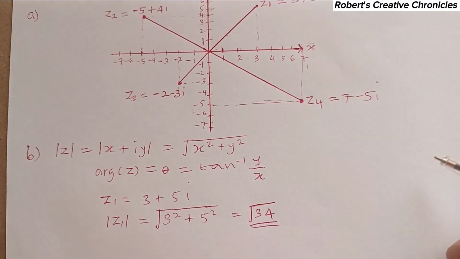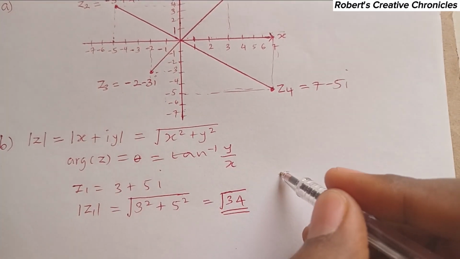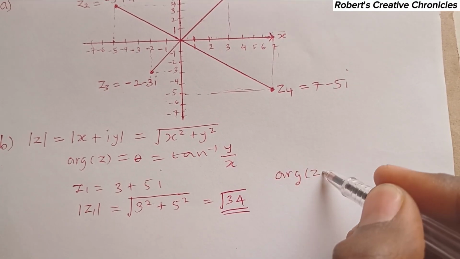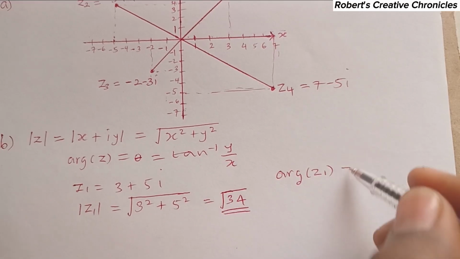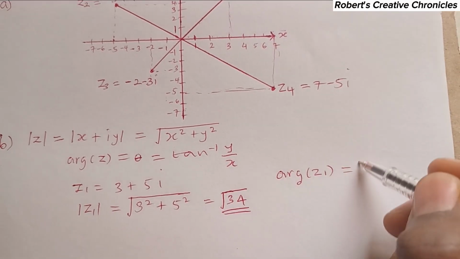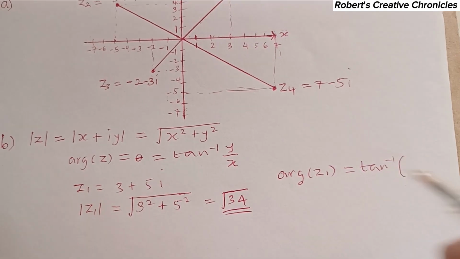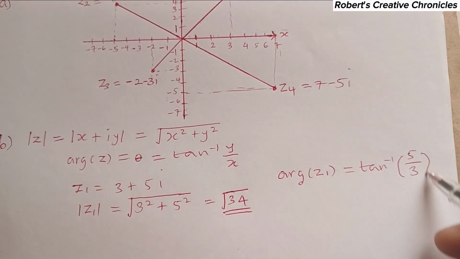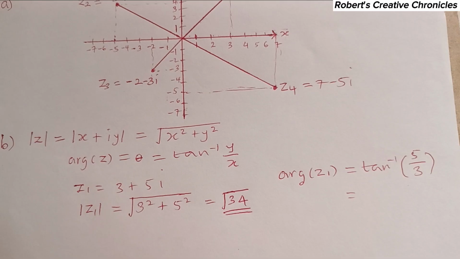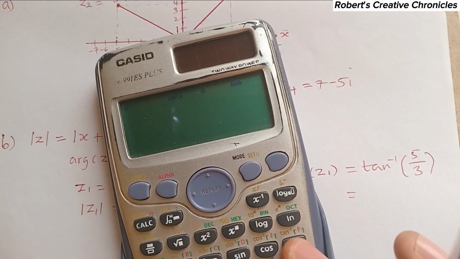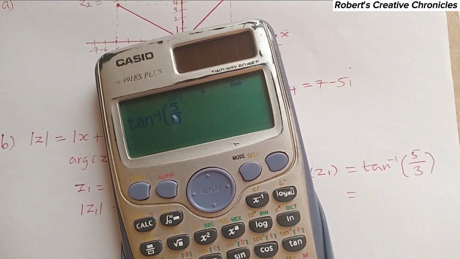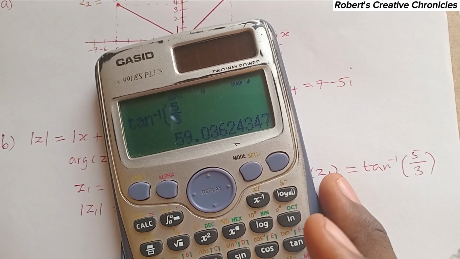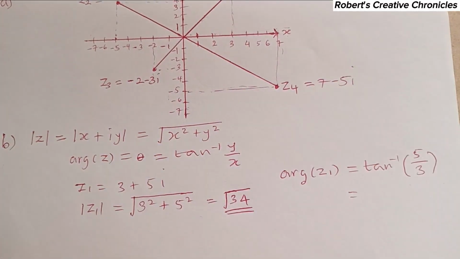And then the argument of z1 is what? It is tan inverse. Which one is y? It is 5. Which one is x? 3. So what's tan inverse 5 over 3? 59.04 approximately.